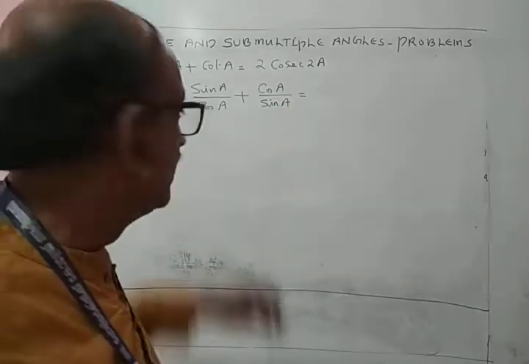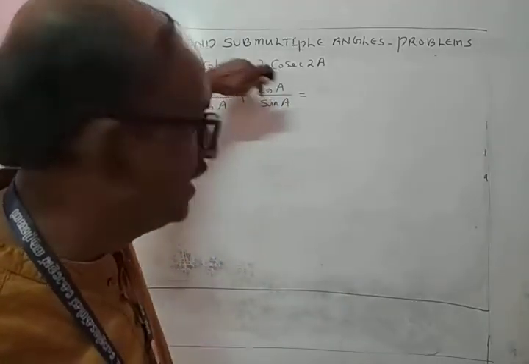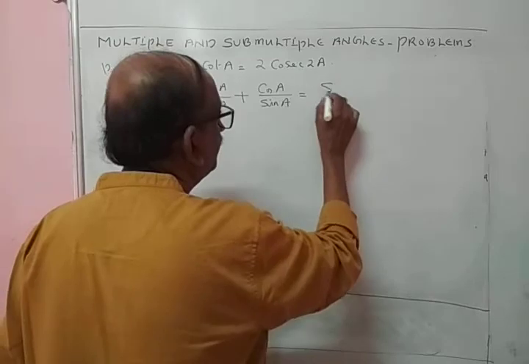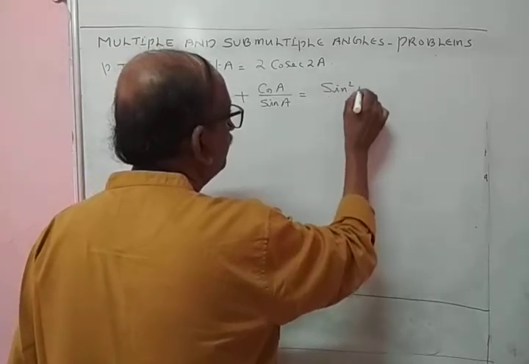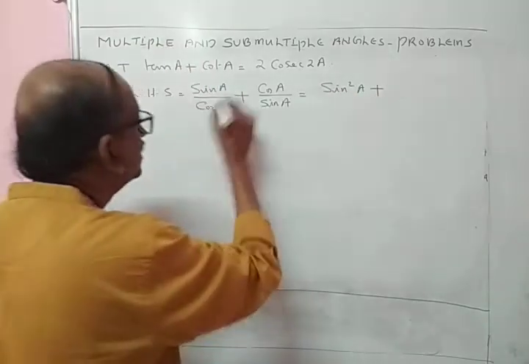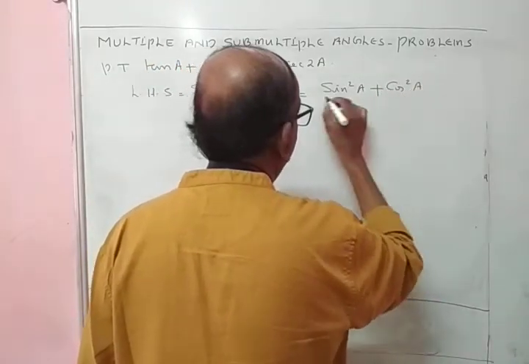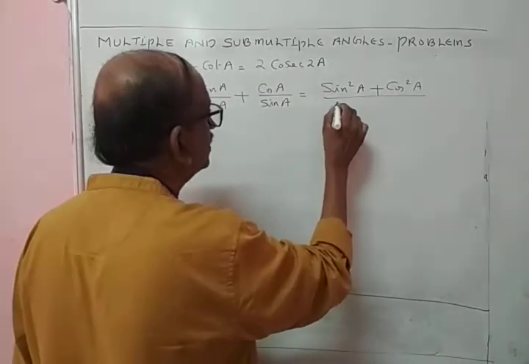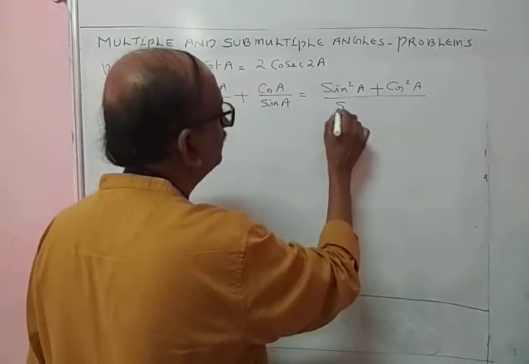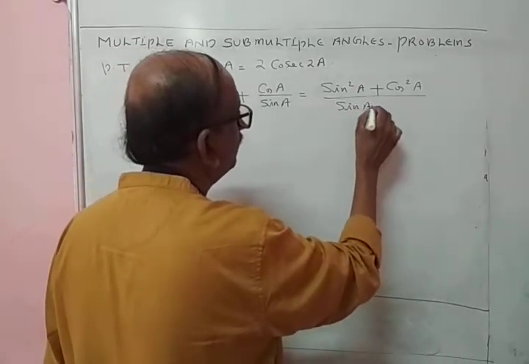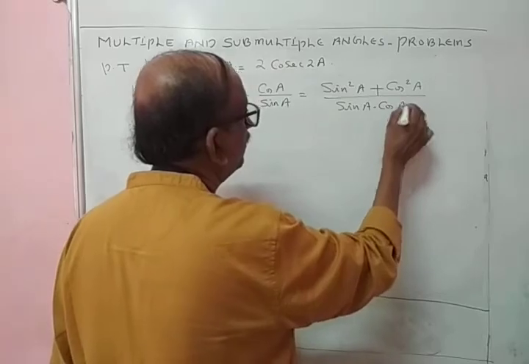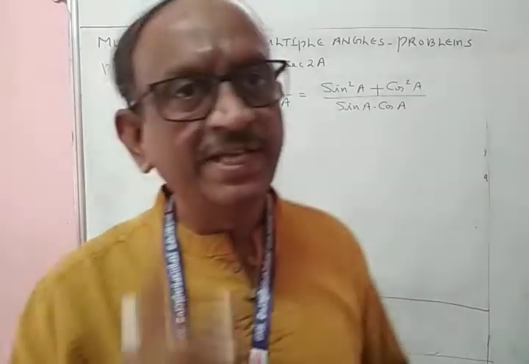Then cross multiplication. Sin a into sin a, sin squared a, plus cos a into cos a, cos squared a, by sin a cos a. Sin squared a plus cos squared a is 1.